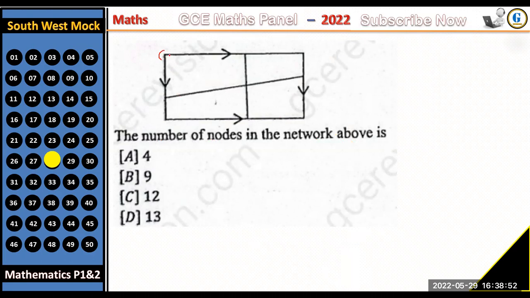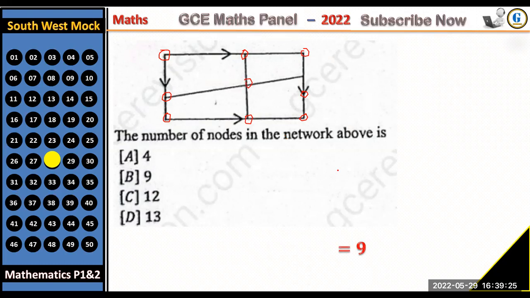We have these endpoints: 1, 2, 3, 4, 5, 6, 7. Then we have these 2, 8, and 9. So altogether, we have how many nodes? We have 9 nodes.